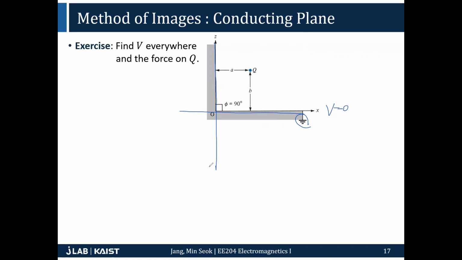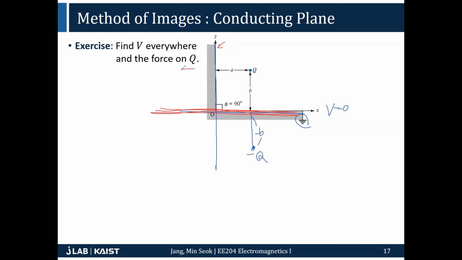Well, if we apply the same thing from the previous example, we can put one image charge here, minus Q, right? Once we do it, the boundary condition for this surface is satisfied. And then, okay, now this boundary is unhappy.